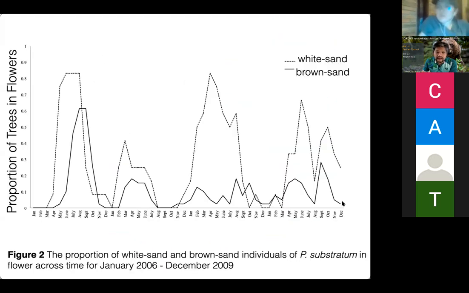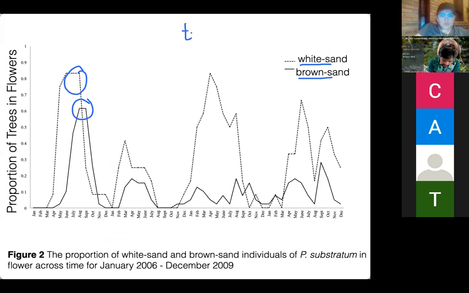The next one is the flowering times, and you can see that both white sand and brown sand are actually flowering at the same time. So this is Tracy trying to test the temporal isolation, whether or not the flowers come out at the same time. But what happened is that they actually flower at the same time.